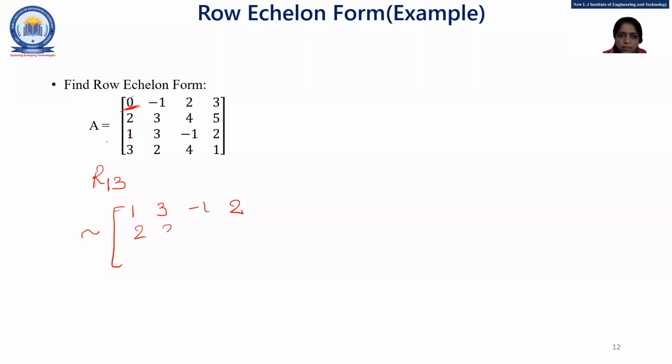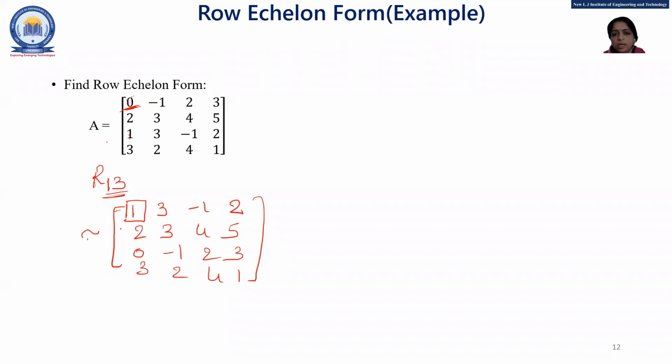Second row, keep it the same: 2, 3, 4, 5. Here is the third row: 0, minus 1, 2, 3. And this is 3, 2, 4, 1. So my first operation is interchanging the first row with the third row, because I want my first leading element to be 1. So I got my first leading element as 1.